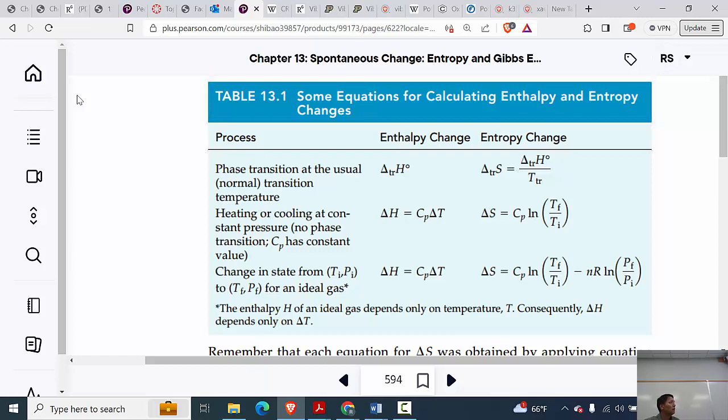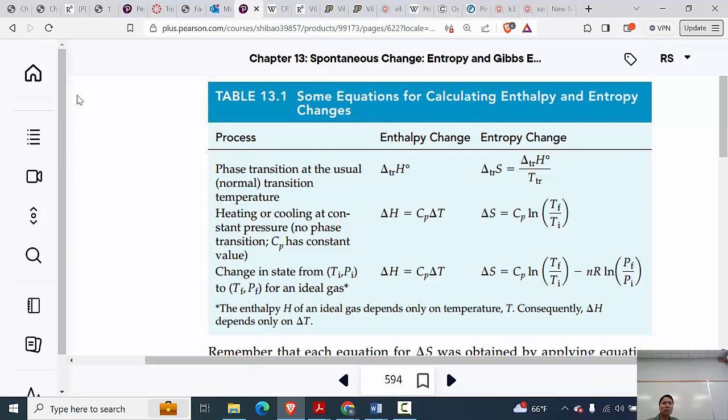We also have these equations here, and that is delta S. Okay, this is heating or cooling at constant pressure. And we're assuming that the heat capacity at constant pressure is constant over that temperature range. The heat capacities can change.